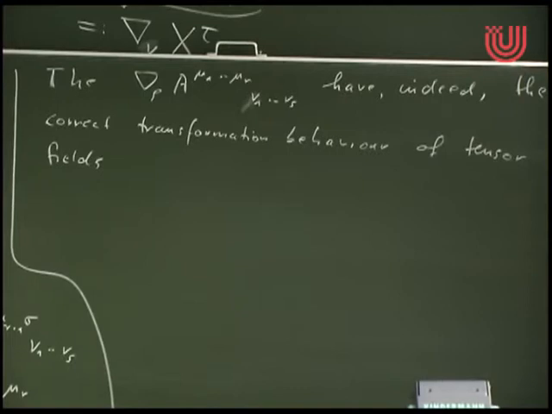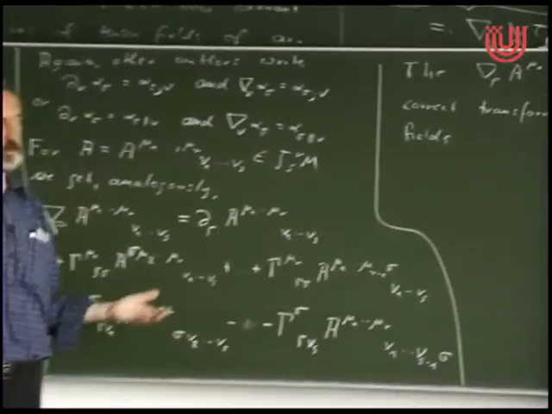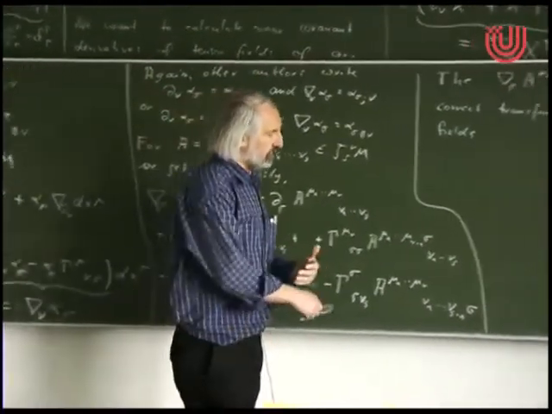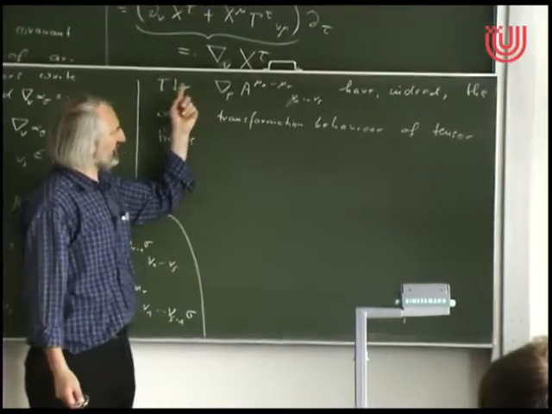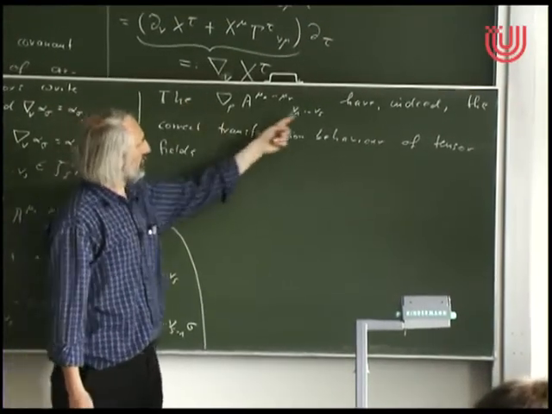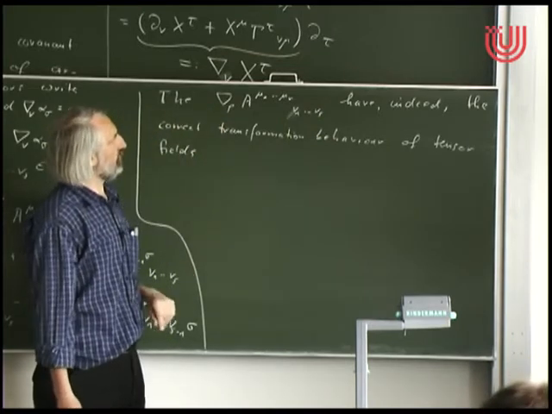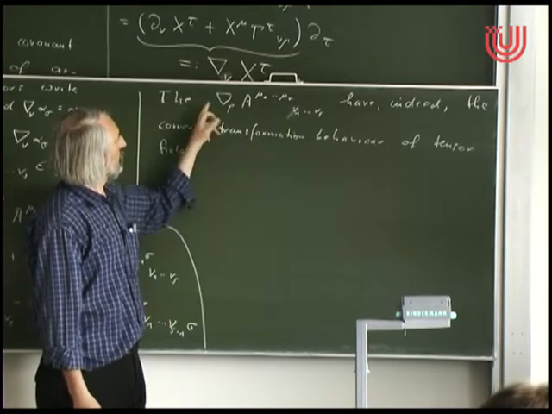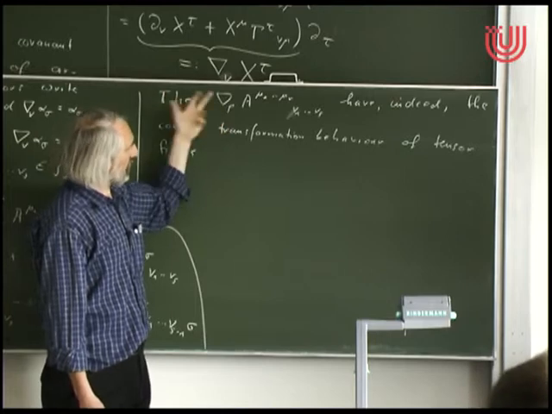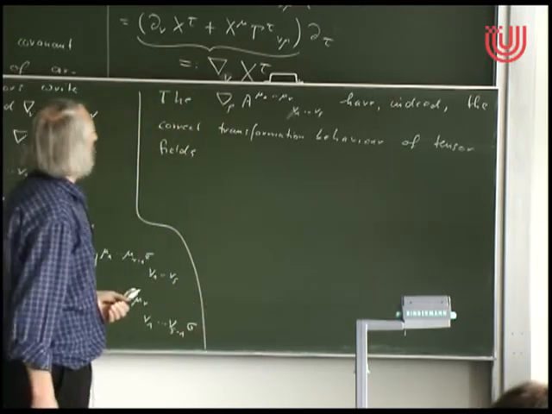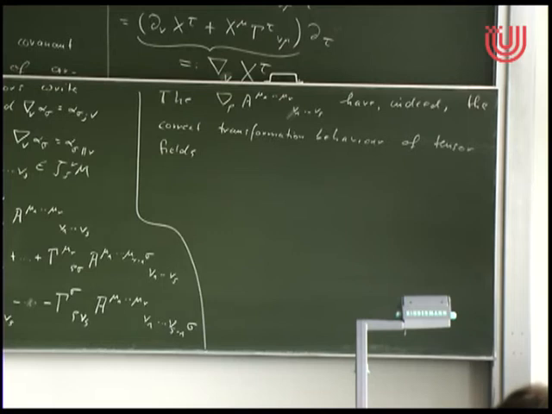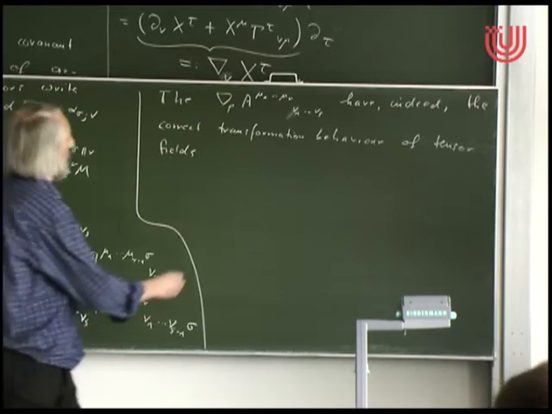Actually, it's not necessary to check this because we have introduced the operator in a way that we know that the outcome is a tensor field. So it's clear that it must be this way. But just as a consistency check, you could really verify that this is true. You could write down the transformation behavior for this expression and see if it coincides with the correct tensorial transformation behavior.